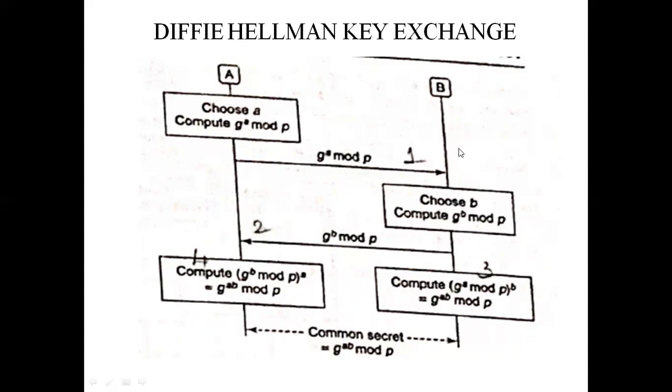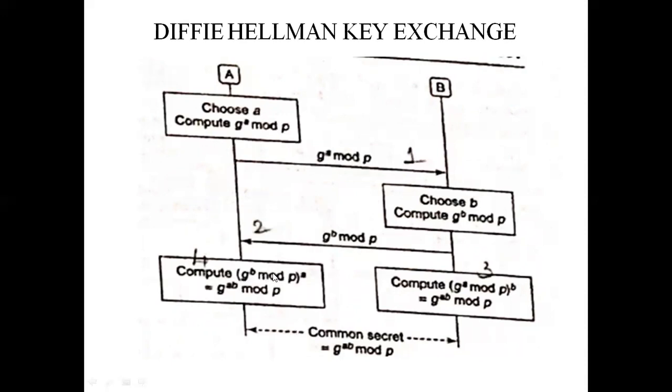What B is going to do, B will choose a random integer b. B should be such that it is greater than 1 and less than P minus 1, and computes a partial key, that is G^b mod P, and sends it back to A. On receipt of A's message, B computes with A's random number.